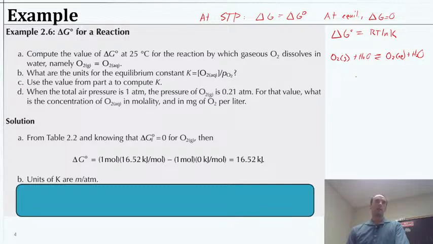but at the end of the day, it's going to be the products over reactants, right? So the K will be the product, so oxygen, the aqueous dissolved times water. Waters will end up canceling.